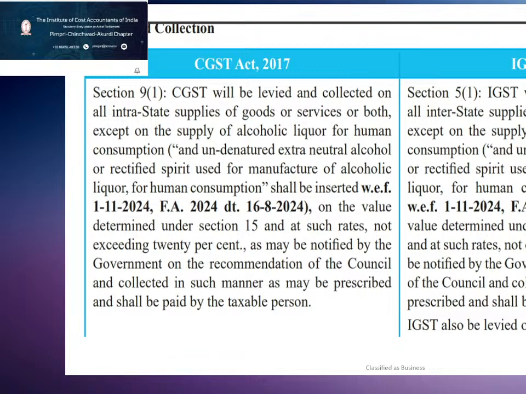Mr. R, a registered person at Delhi, is in the business of selling goods relating to interior decoration. In the composition scheme, first you need to understand whether the business is selling goods or services. So here it is selling goods.